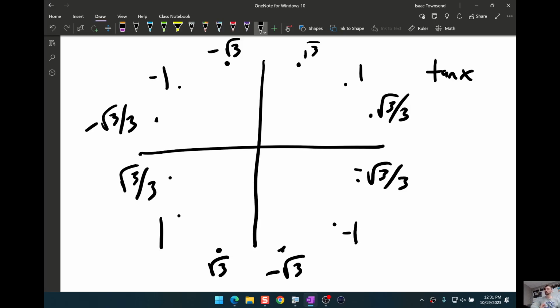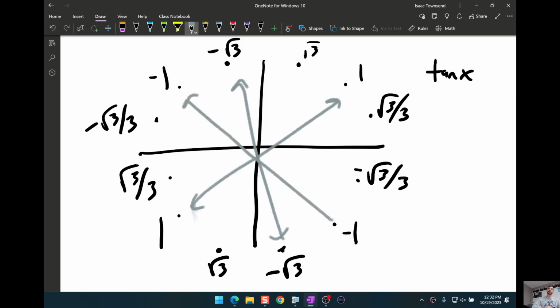And again, in some quadrants it's positive and negative. But that's it. Those are the only tangents you really need to know. I guess the quadrantal angles sometimes, but those have a 0 in them, so those are easy. Also notice that directly across is always the same value. If you know that some angle has a tangent of negative 1, directly across the circle also has a tangent of negative 1.